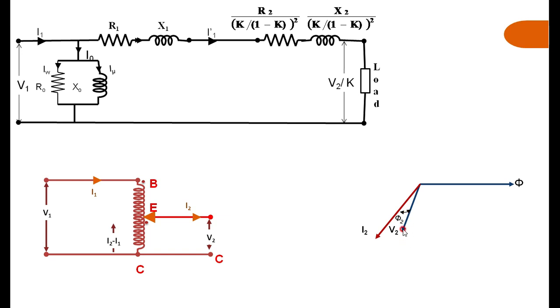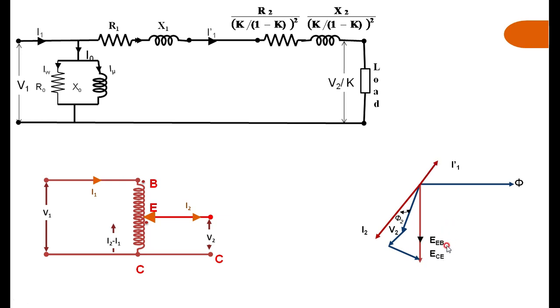Then to this V2, I am adding the resistance drop of EC and reactance drop of EC, that is I2 minus I1 into the resistance of EC, and I2 minus I1 into the reactance of EC. Adding to this V2, I get ECE, that is a voltage here. Then the voltage between B is in the same phase with ECE, therefore I am representing here EB.